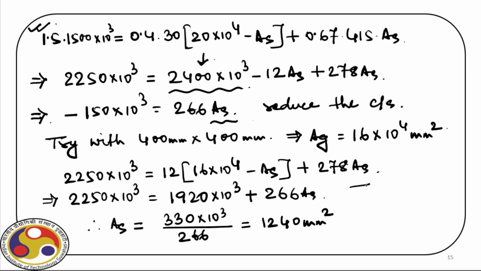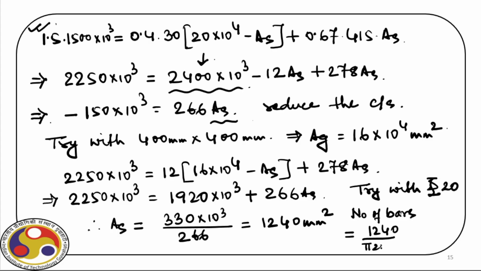So try with 520. Then the number of bars is equal to 1240 divided by 520 square by 4, and if you find it out, you'll get 3.94.